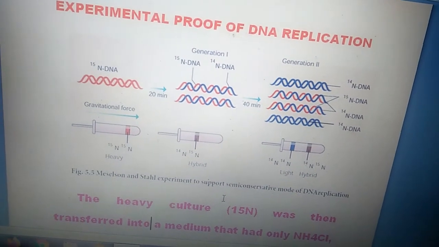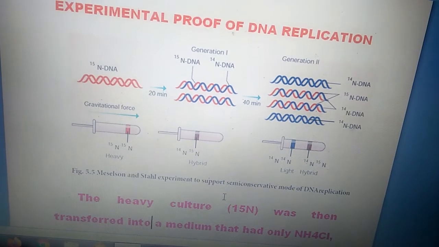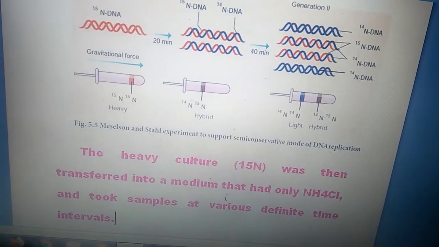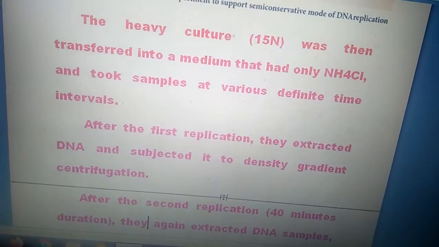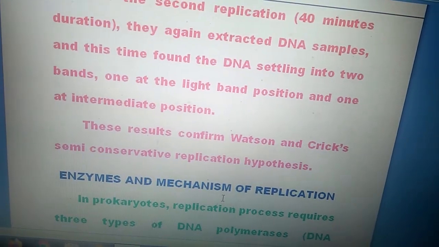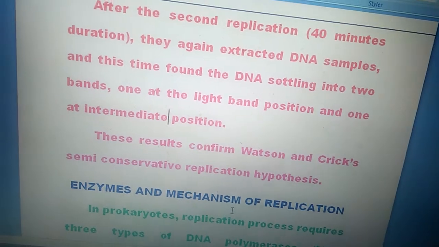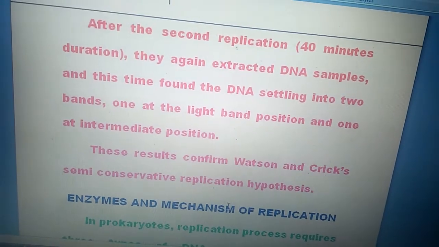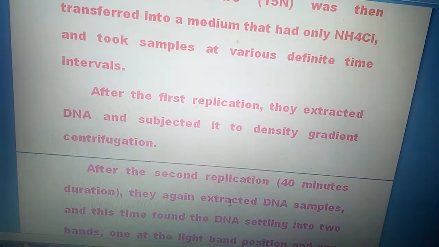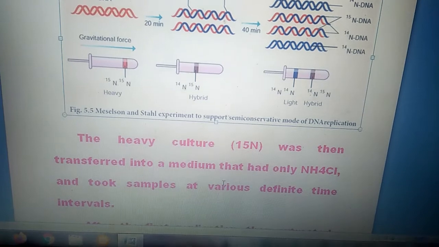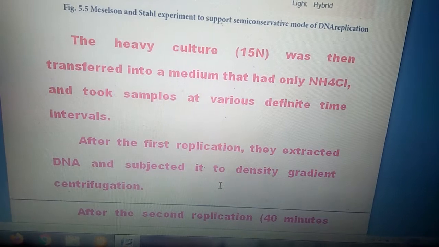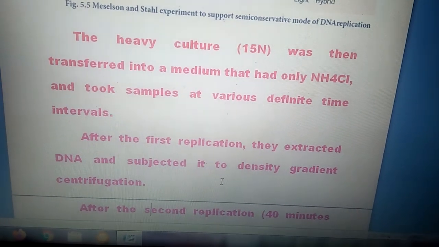See the diagram, Meselson and Stahl experiment to support semi-conservative mode of DNA replication. The heavy culture was then transferred into a medium that had only ammonium chloride and samples were taken at various definite time intervals. After the first replication, they extracted DNA and subjected it to density gradient centrifugation.